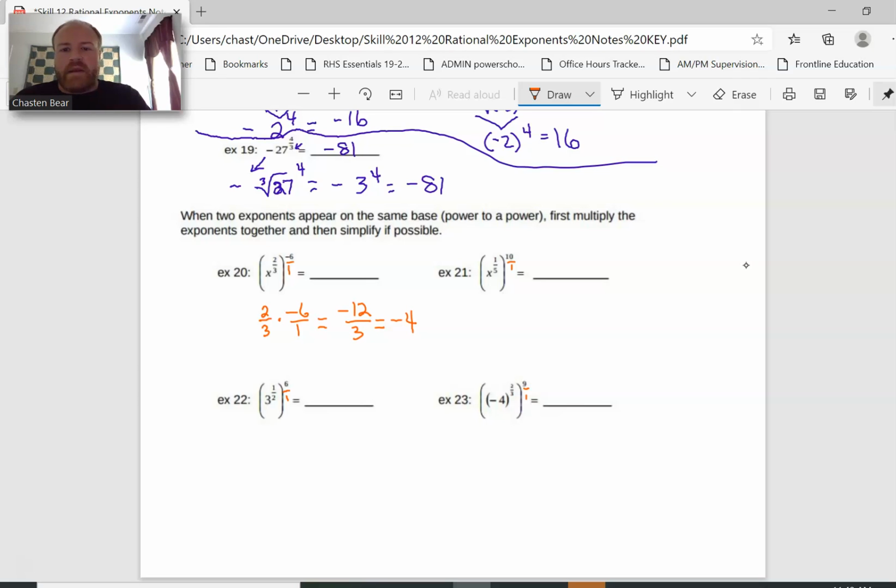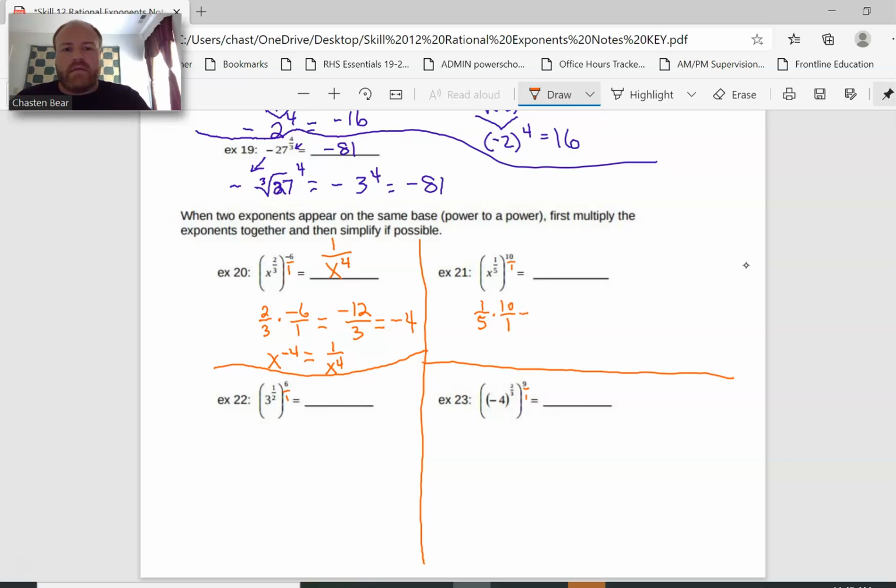So we end up getting x to the negative 4, which we know we have to write as 1 over x to the 4th. The next one, we have 1/5 times 10 over 1, which is 10 over 5, or 2. So this ends up being x squared.